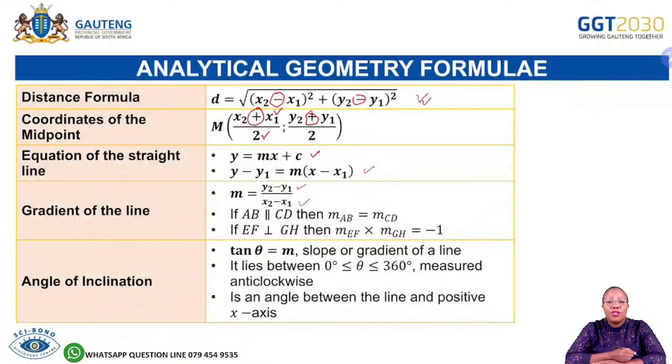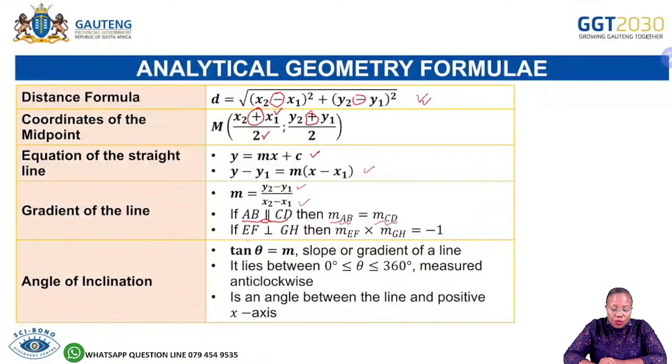And then we have conditions. If line AB is parallel to line CD, you can conclude that the gradient of AB is equal to the gradient of line CD, only with the condition where the 2 lines are parallel.